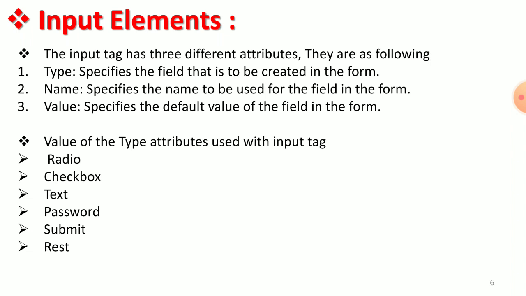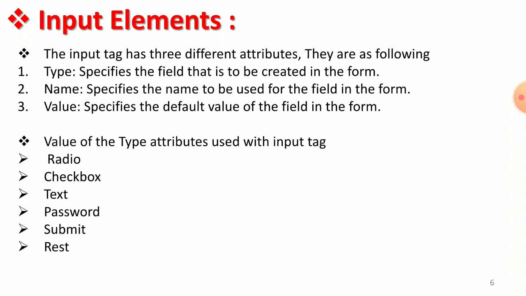The input tag has different attributes like type, name and value. What is type? It specifies the field that is to be created in the form. Second, name. It specifies the name to be used for the field in the form. And third attribute is value. It specifies the default value of the field in the form.